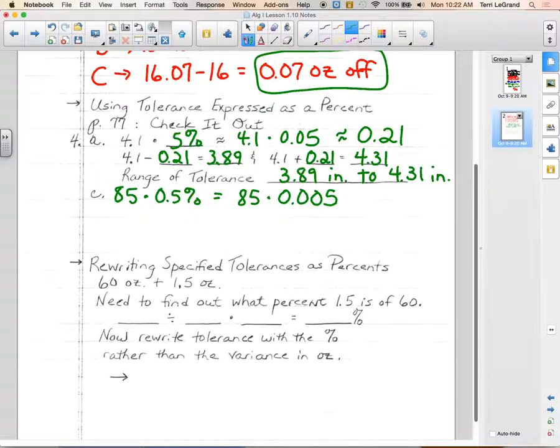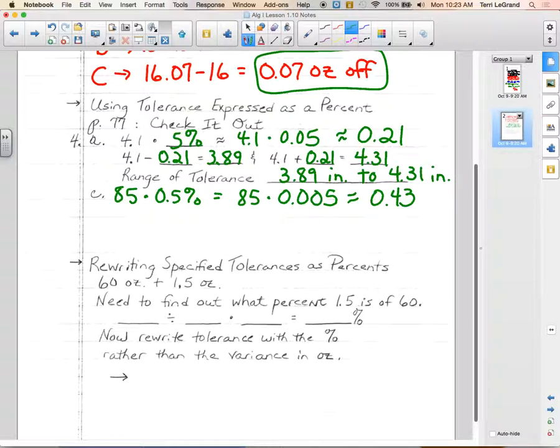You have to move the decimal point back 2 places. That's 0.5% is all. So 0.5% is 0.005, and rounded to the nearest 100th, what do we get? 0.43, okay. So that comes out to 0 and 43/100. That's how much the tolerance is.